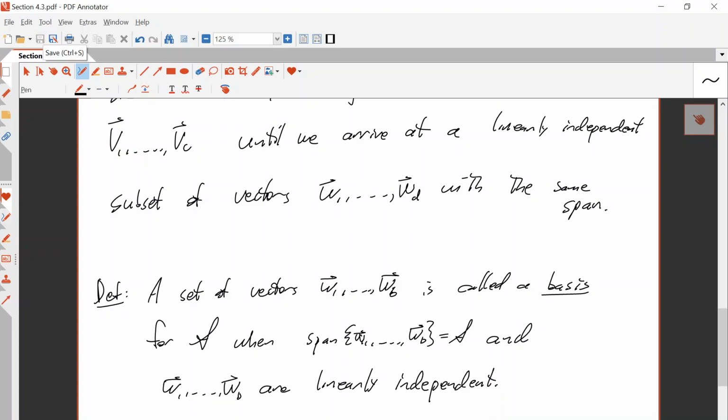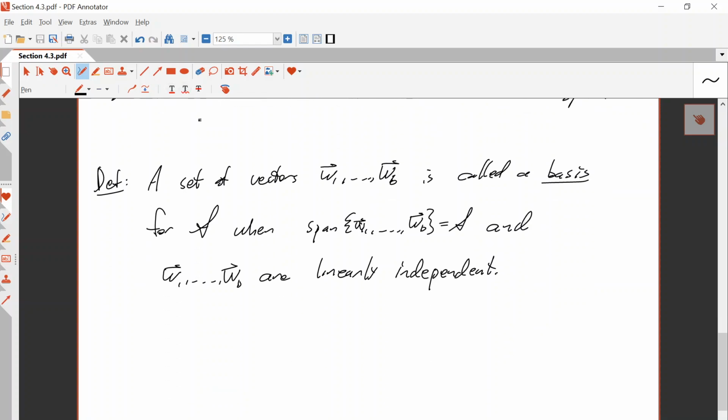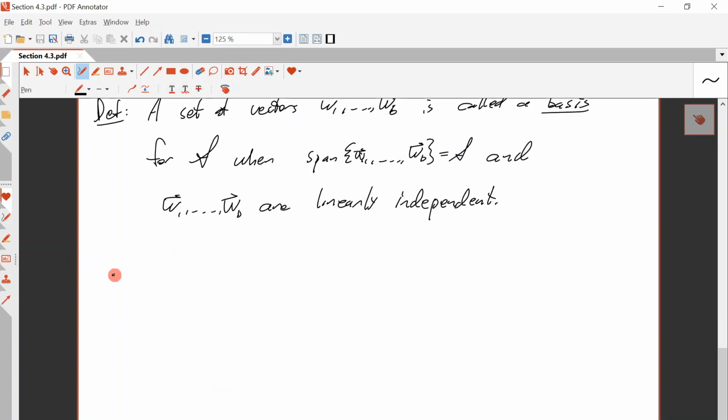So that's a basis: a linearly independent set that spans a given vector subspace or vector space that we're looking at.